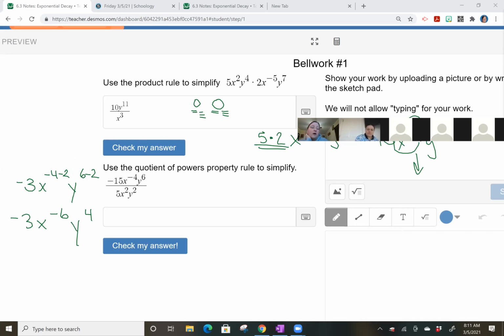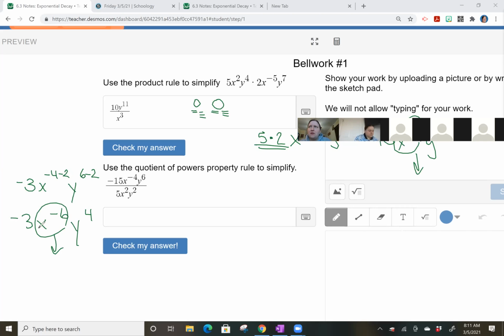So what is the only thing that I have to move down for this one? Yep, exactly. So on the assessment, what I noticed, some of you guys try to move down the -3 to the bottom.